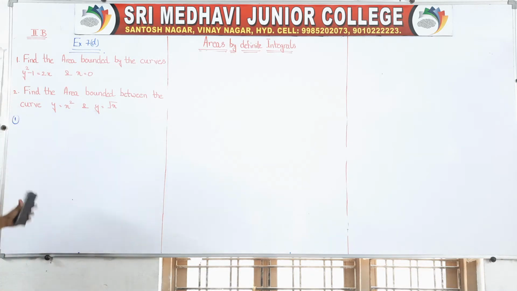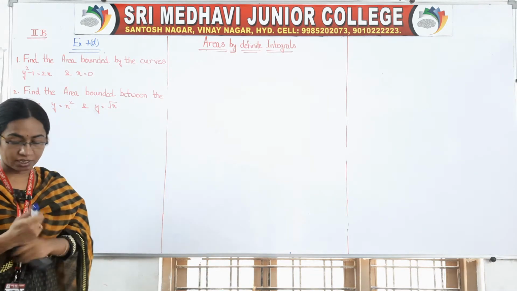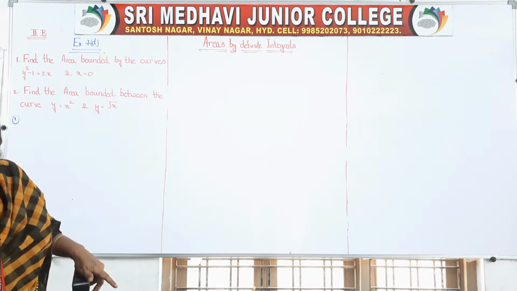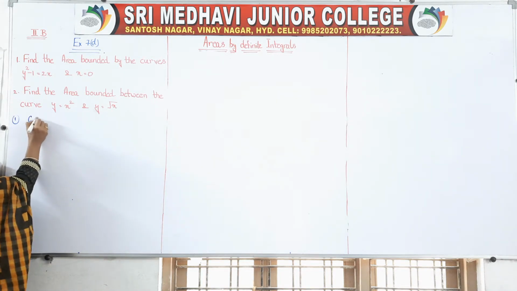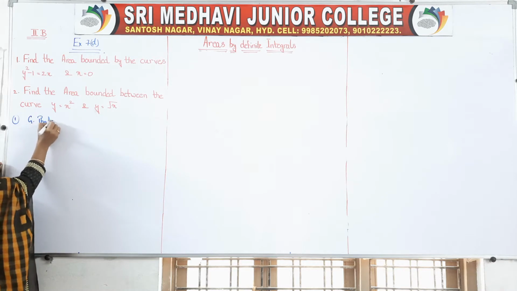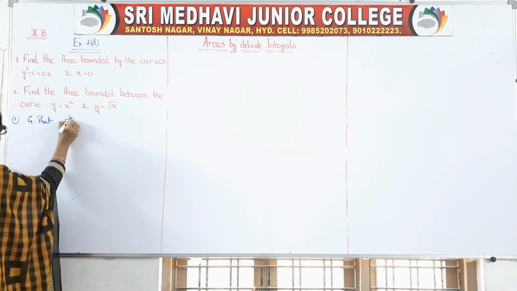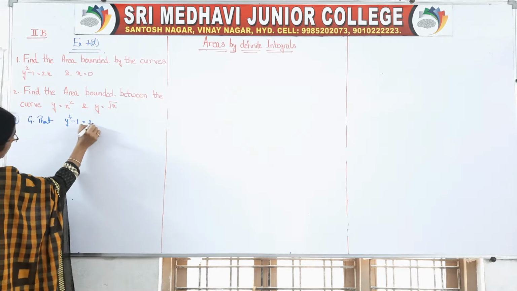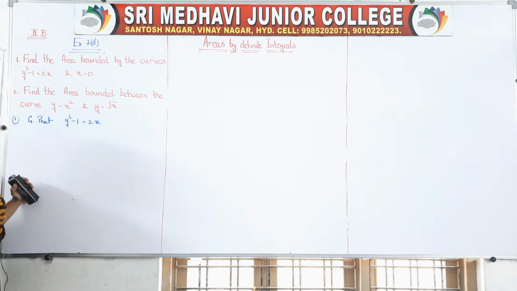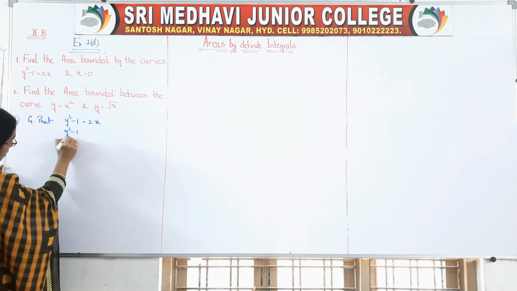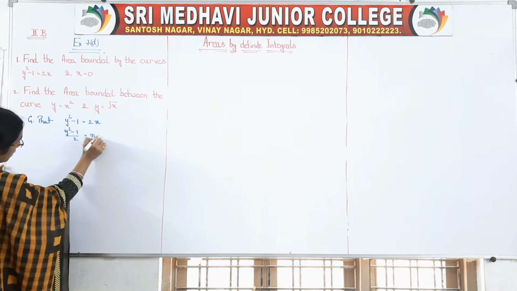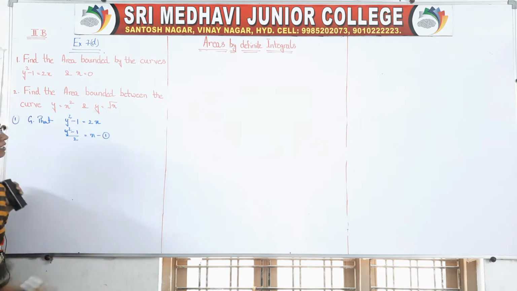The given equations are: first, y square minus 1 is equal to 2x. So send the 2 this side, then y square minus 1 by 2 is equal to x. Consider this as 1.